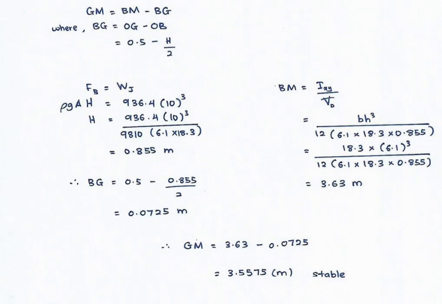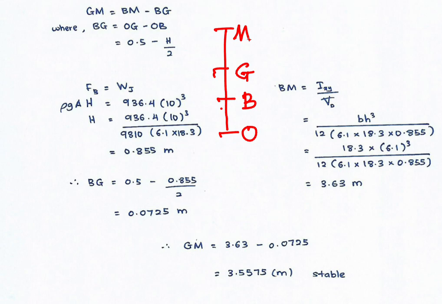As I said in the previous lecture, you need to remember the axis like this. The bottom point is the origin, the second is the center of buoyancy, the third is the center of gravity, and the fourth is the metacenter.